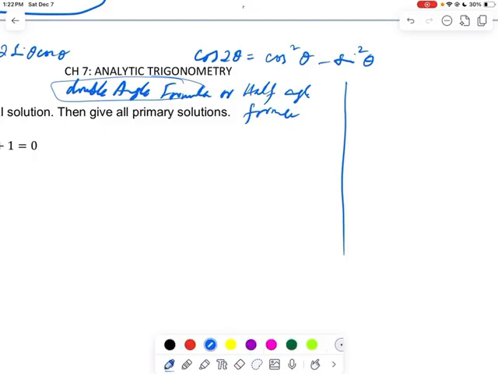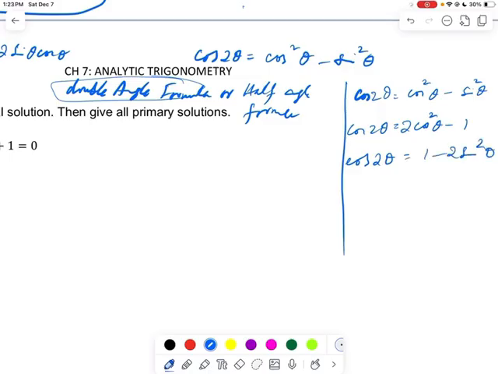Okay, so cosine 2 theta is equal to cosine squared theta minus sine squared theta, or cosine of 2 theta is equal to 2 cosine squared theta minus 1, or cosine of 2 theta equal to 1 minus 2 sine squared theta.